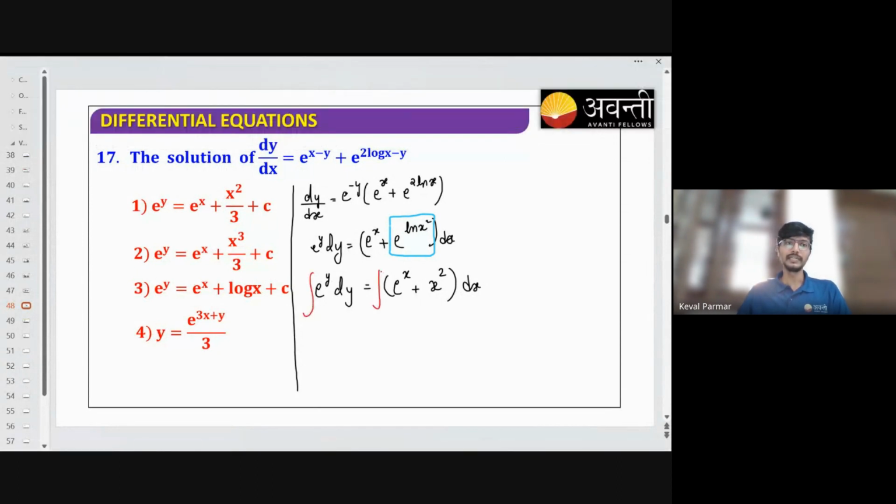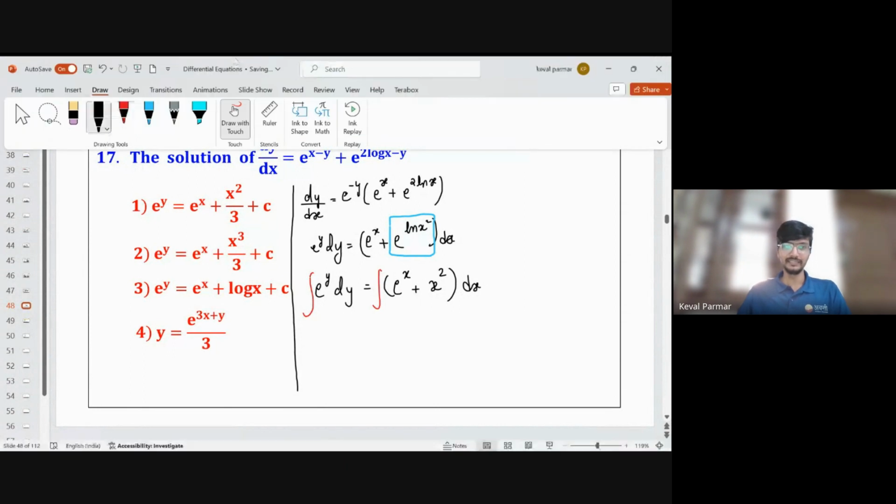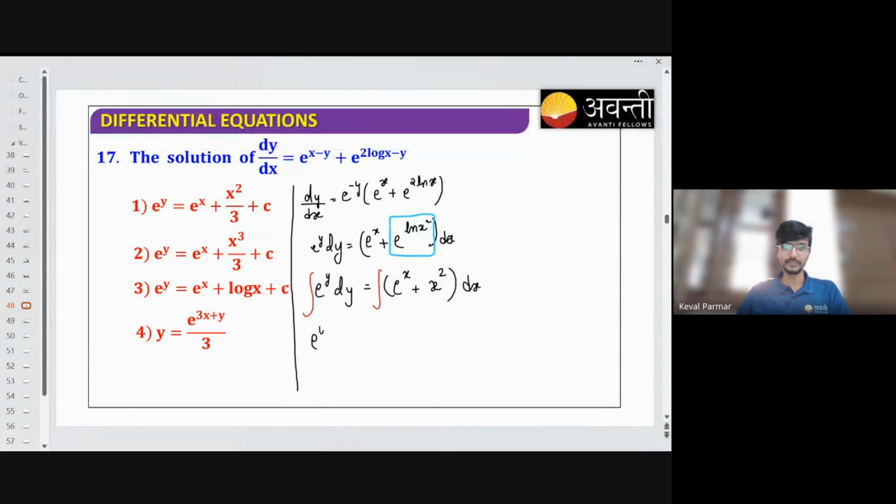All the integrations we know, so we can easily integrate. So this will be e raised to y is equal to e raised to x plus x cube by 3 plus c. So simple. You can directly match, the option is given, which is option 2. Got it? Chalo, let's move on to the next part.